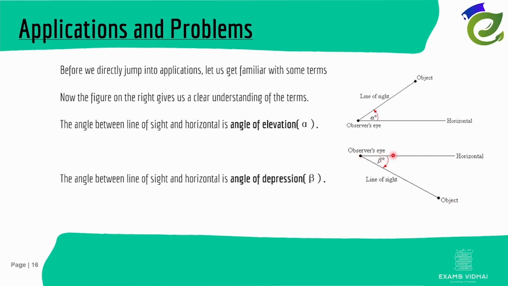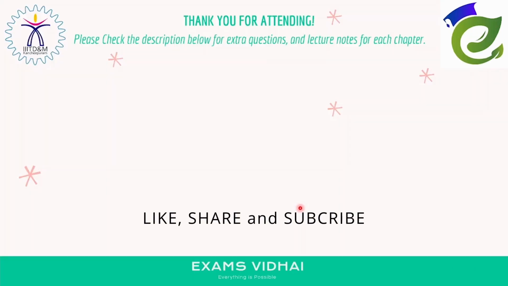Again you draw an imaginary horizontal eye level line, and then the angle between the line of sight, which is the line between your eye and the object, and the horizontal is known as angle of depression. These two terms do not change, even in the questions they don't change, so use these terms even while giving your solutions. So this will be beta. Stay tuned for problem solving, and thank you.